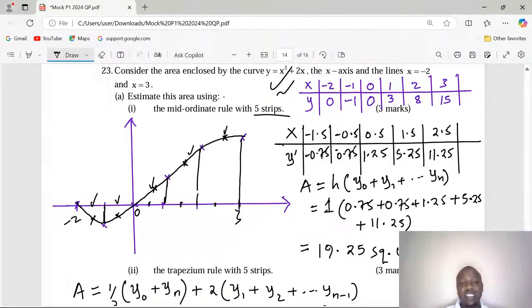But a student who has sketched the curve and can see how the curve is behaving is going to integrate the right thing, which means we are integrating first from negative 2 to 0, then from 0 to 3, and we add the two values after integration.